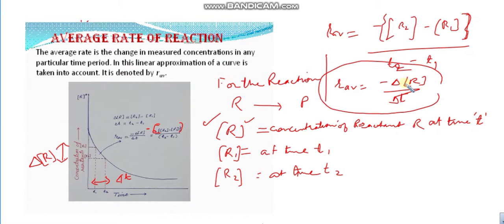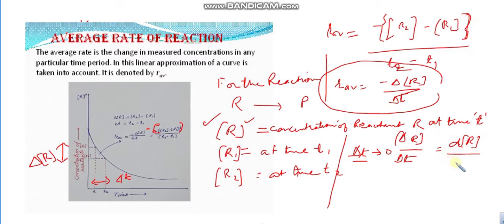And for product, and here if we will take when time t tends to 0, means this difference is very small, then this rate average will become del R upon del t, means del R means small change in concentration, so it will become instantaneous rate.